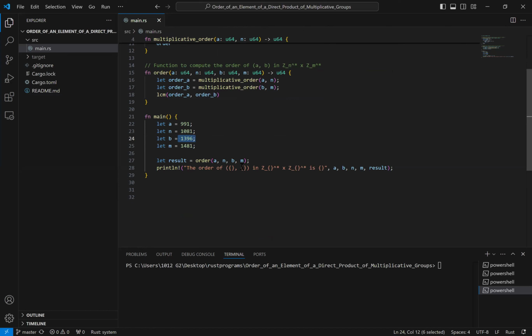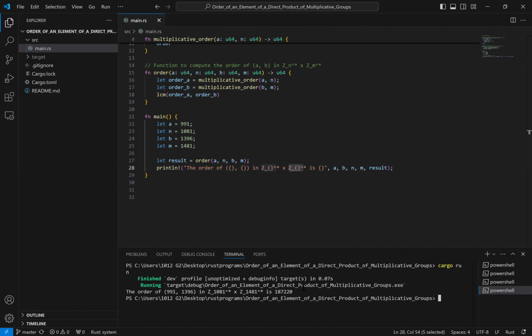So then, therefore, it will print to us the order of 991 and 1396 in the Z and Z. So let's just run and see what it gives us. It has given us a result at the bottom. You can see the order.